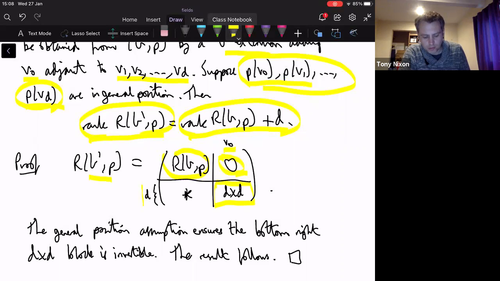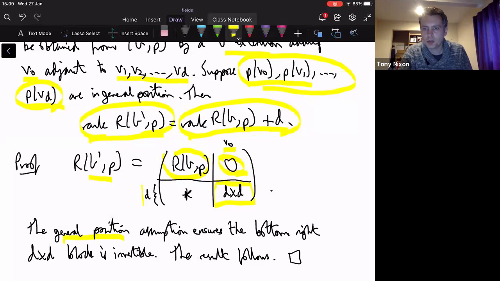So that clearly the rank of R of G dash, P is equal to the rank of R of G, P plus the rank of the D by D submatrix in the bottom right. And then the general position assumption on the positions PV0 up to PVD ensures that this bottom right block is invertible. And so it does have rank D. And so we do add D to the rank to get the result.